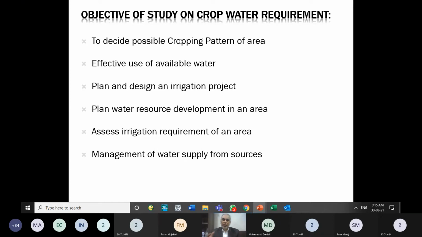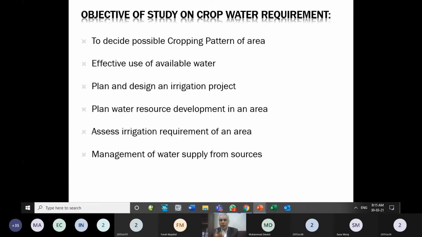So if we know the crop water requirement and you are planning a new irrigation scheme, like you are doing in the lab part, for a certain area, the size of the canal will depend upon the water required by the crop. And the water required by the crop will depend on which kind of crops you have agreed to grow over there.